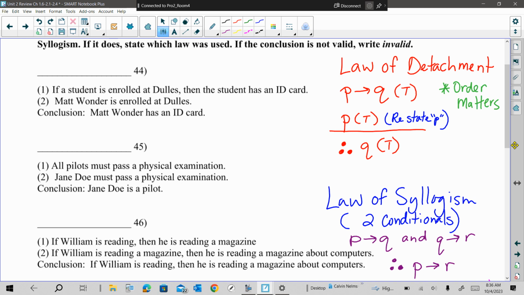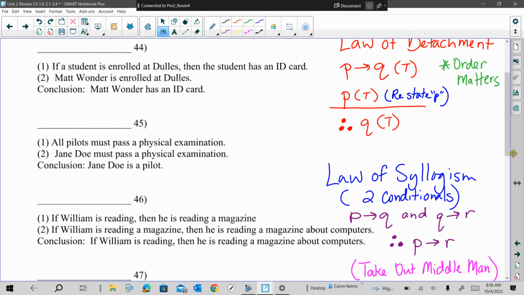It helps to check if it's been restated or if it's using the law of syllogism, because syllogism has two conditionals. Make sure you identify the parts of the conditional, the hypothesis and conclusion, the P and the Q. Because if I look at 44, it says, if a student is enrolled in Dulles, that's the P. The student has an ID card, that's the Q. Then the second statement says Matt Wonder is enrolled in Dulles.